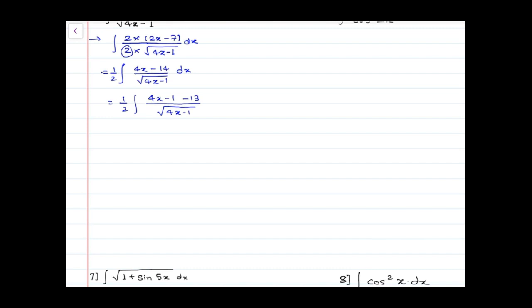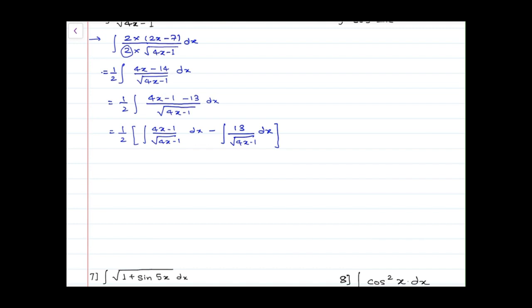Now we can separate the denominator for different terms. So I will have 4x minus 1 divided by root of 4x minus 1 times dx minus 13 is the constant term, so I can take it out of the integration, I'll not take it here.